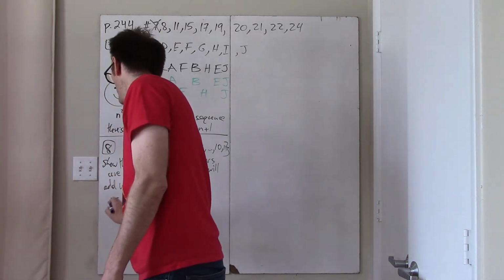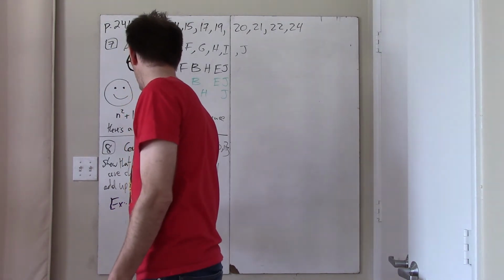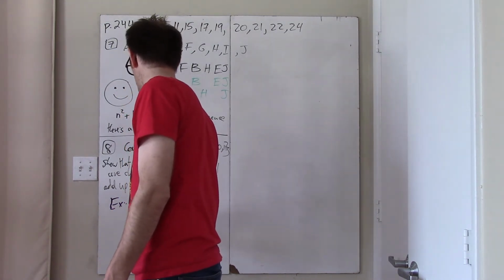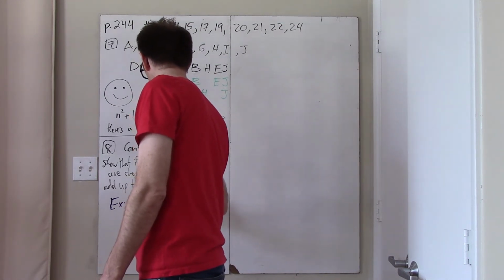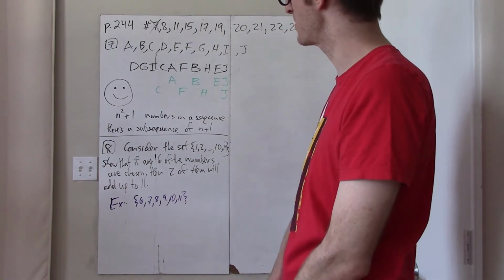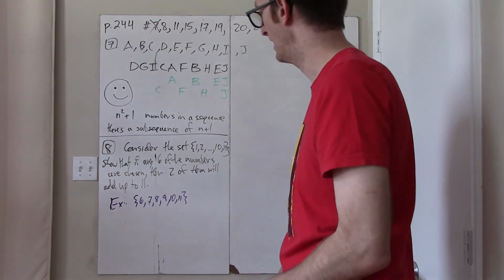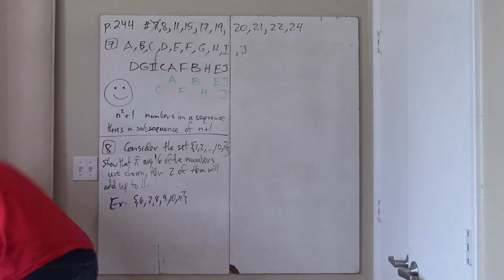For example, I take 6, 7, 8, 9, 10, and 11. That is 6 numbers, but no 2 of them add to 11. So this theorem is just false as stated in my version.